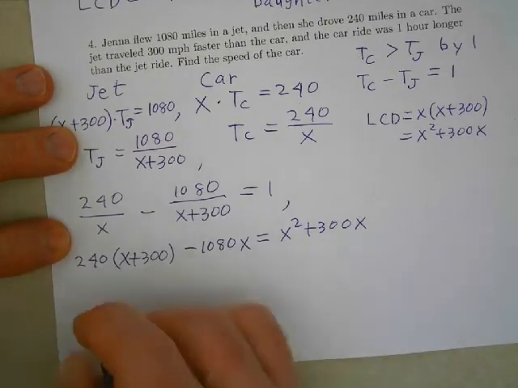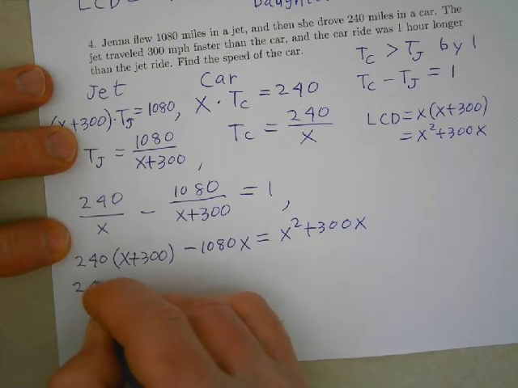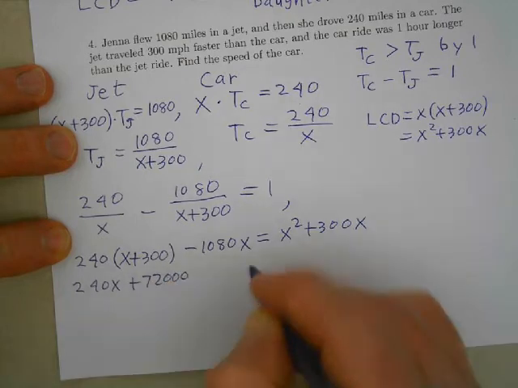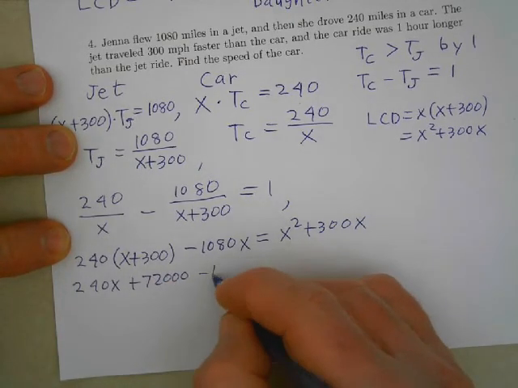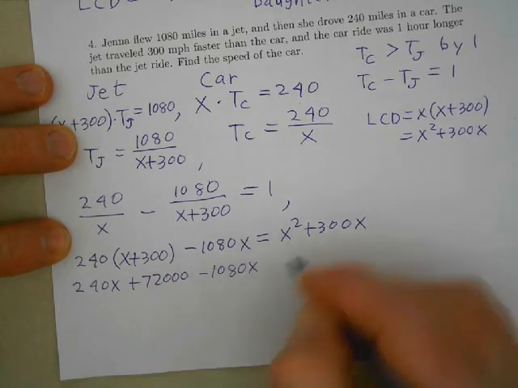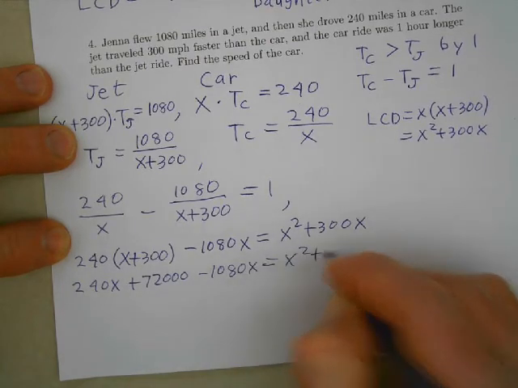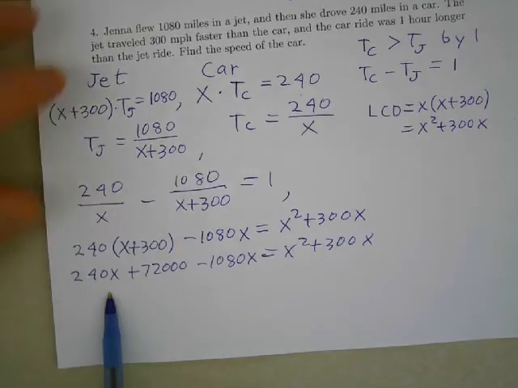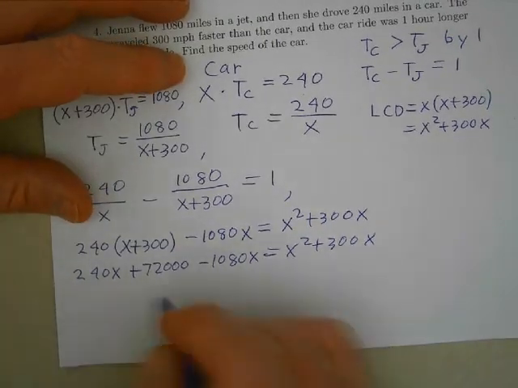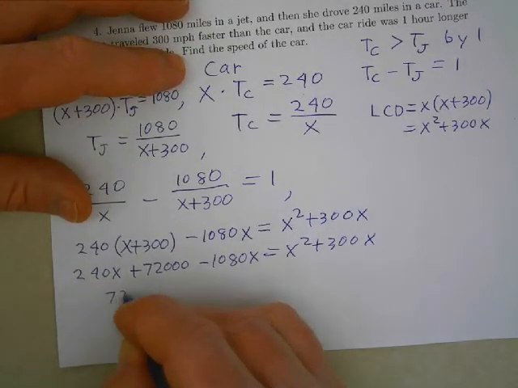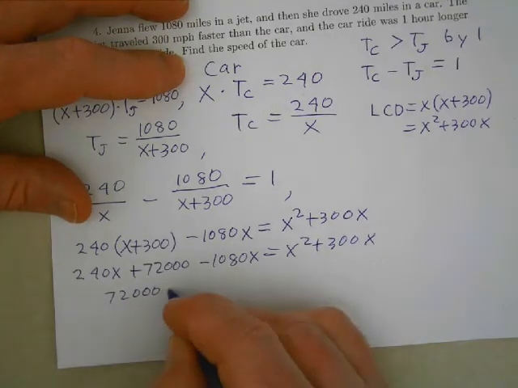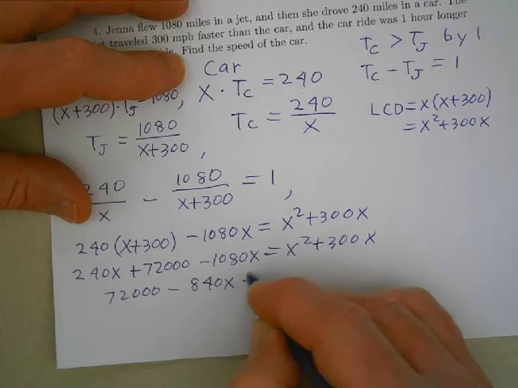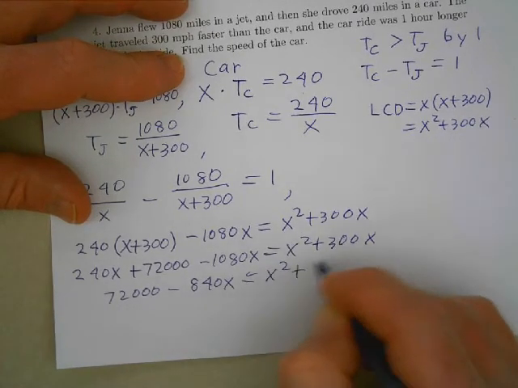Let's multiply some things out. 240 times x plus 300 is 240x plus 72,000, and then minus 1080x equals x squared plus 300x. Let's combine like terms on the left-hand side. We get 72,000 minus 840x equals x squared plus 300x.